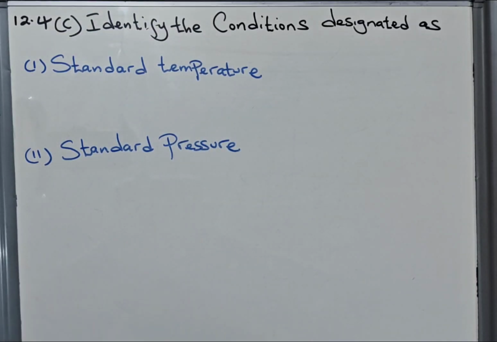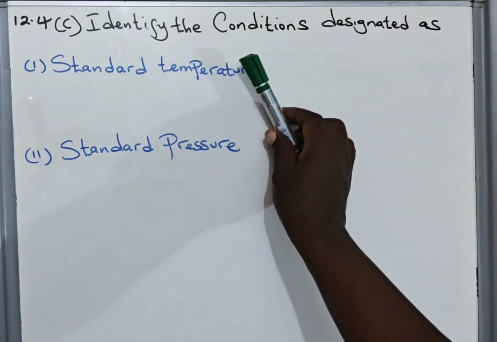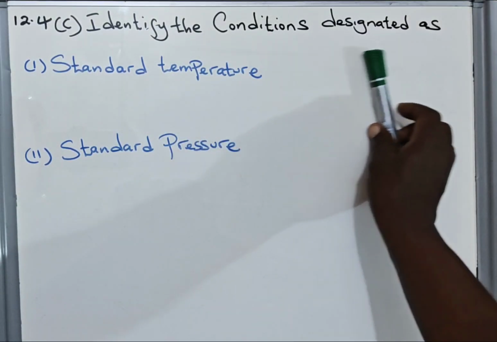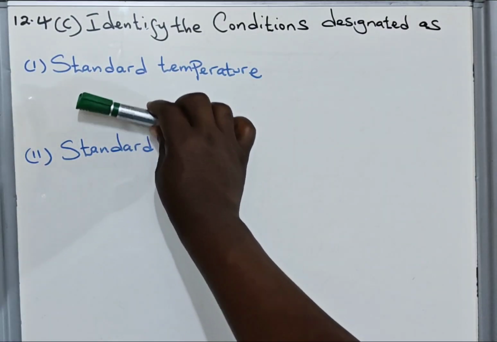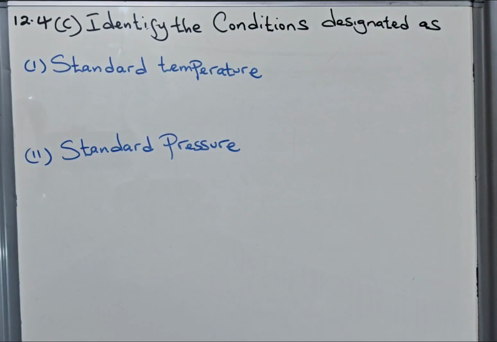So we come to this one. It says identify the conditions designated as standard temperature. What condition is designated as standard temperature? Standard temperature is 0 degrees Celsius or 273 Kelvin.